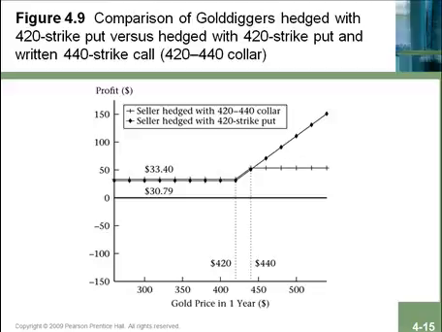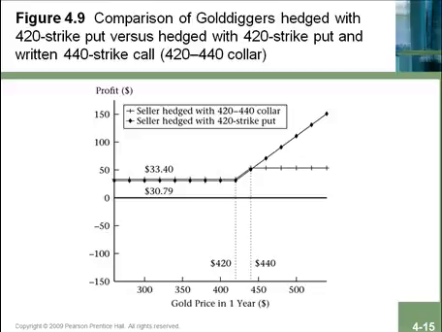Worst case scenario, if you use only the put option, then you will end up with a profit of $30.79. However, if you sell off some of the potential gain, that is, you use a collar and effectively end up with a bull spread type position, then the worst case scenario is a profit of $33.40.